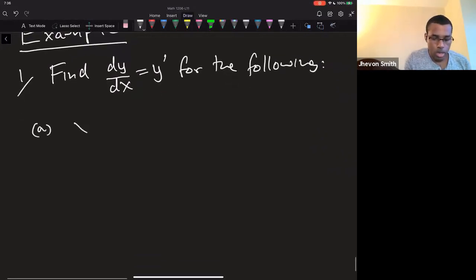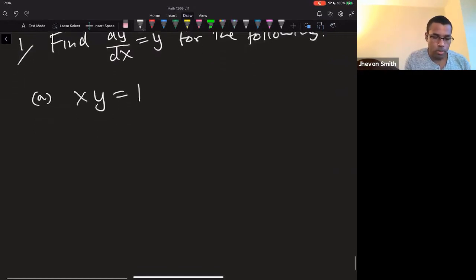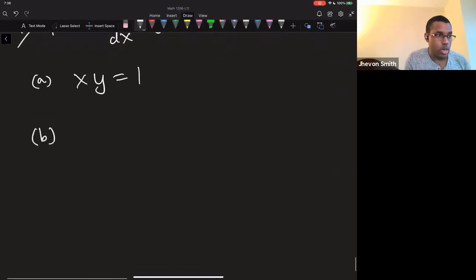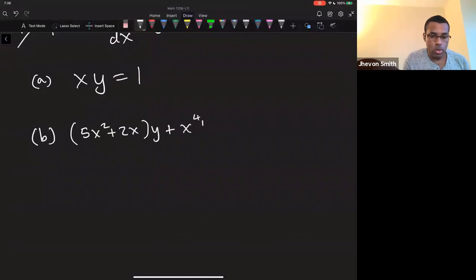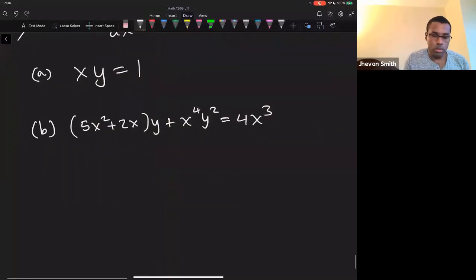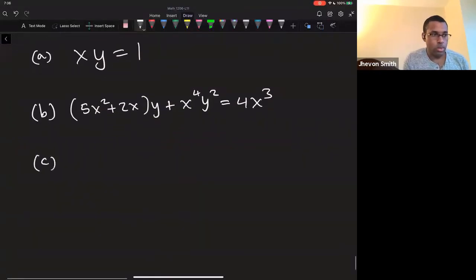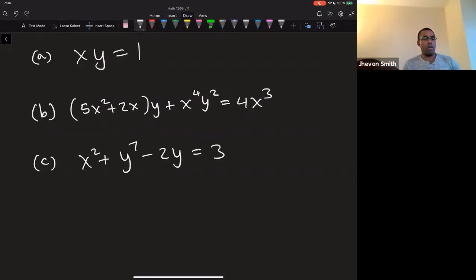A, xy equals 1. B, 5x squared plus 2xy plus x to the fourth y squared equals 4x cubed. C, x squared plus y to the 7 minus 2y equals 3. I think I had some more examples.